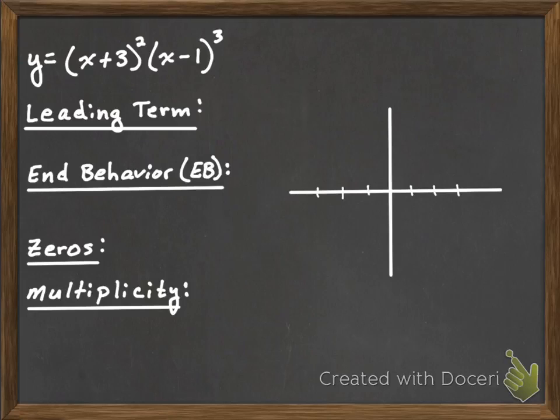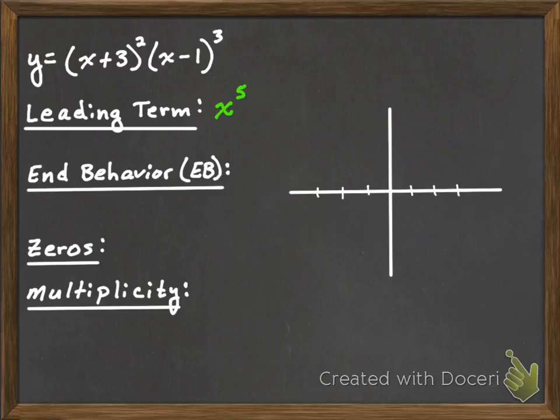Now, this problem right here is in factored form. If I was to multiply this out, and I multiplied x plus 3 times x plus 3, because it's squared, times x minus 1 times x minus 1 times x minus 1, because it's cubed, you would be multiplying 5 x's together for your first term. What that gives you is a leading term of x to the 5th power.